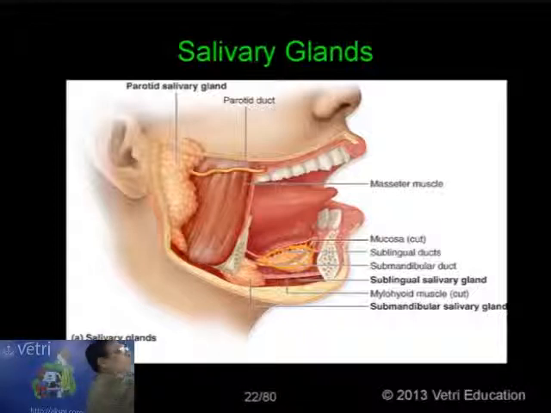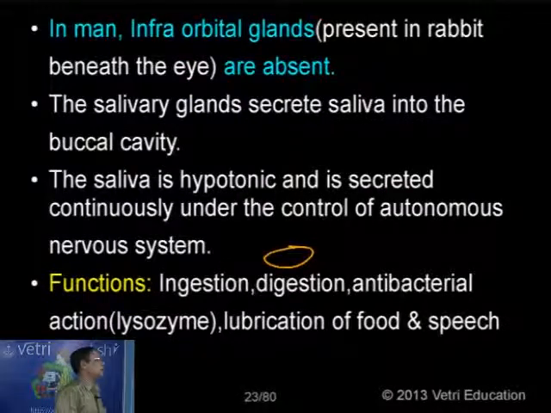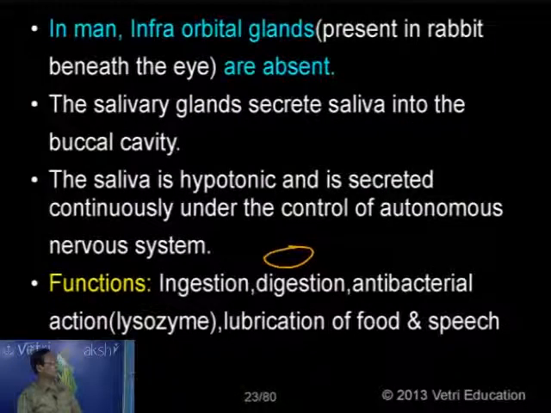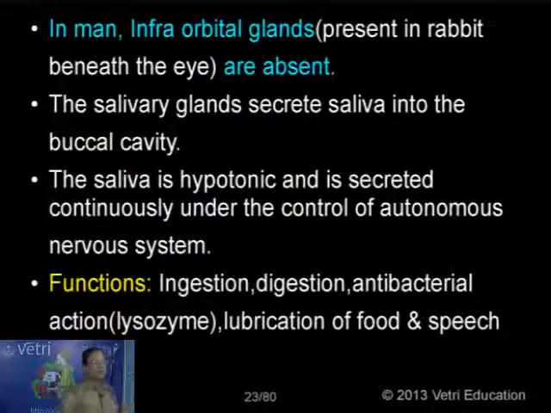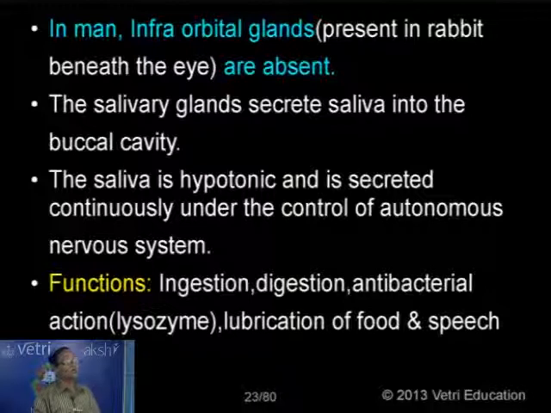These are the things I covered in the last class. I also mentioned the nature of the saliva, the fluid secreted by the salivary glands, which is hypotonic in nature, that is, less concentrated when compared to hypertonic. I gave the meaning for hypotonic and hypertonic solution in the last class. Someone asked a question.